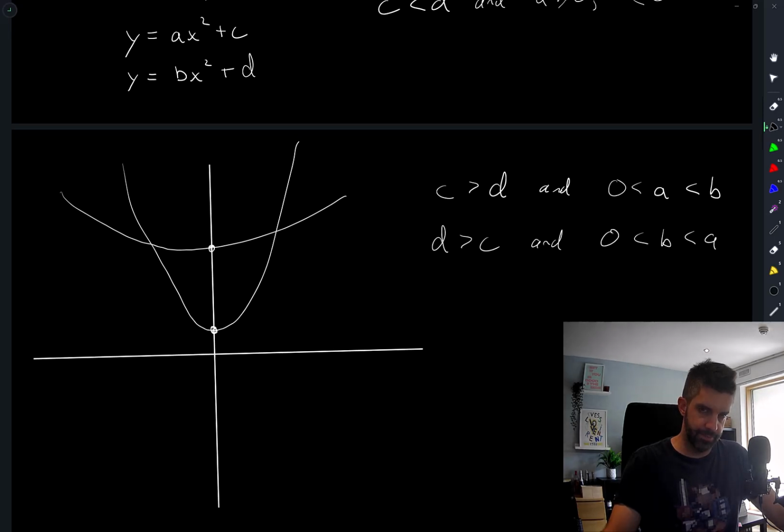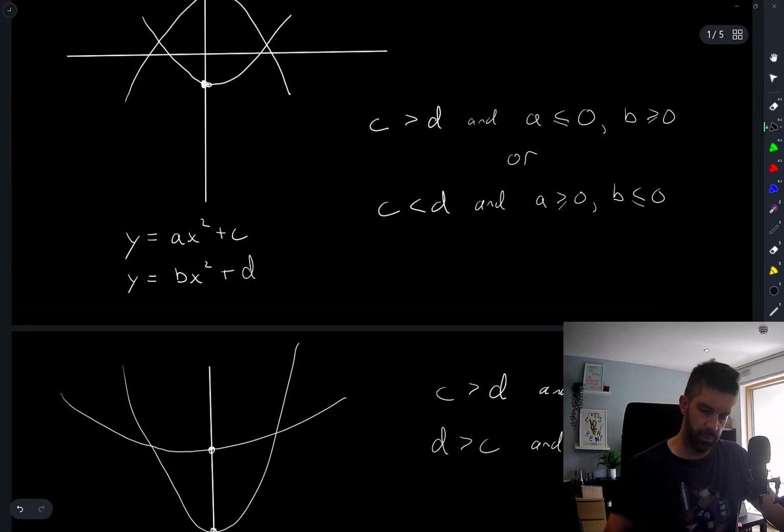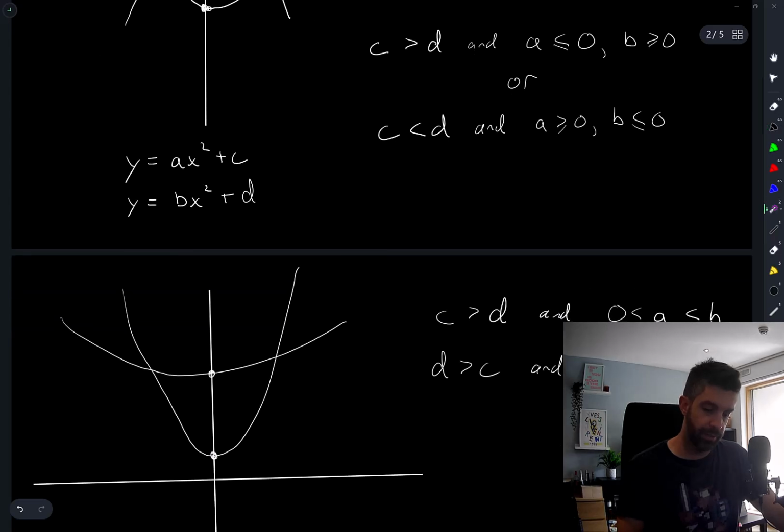But in some way we could just, essentially without loss of generality, let one of c or d be equal to 0.